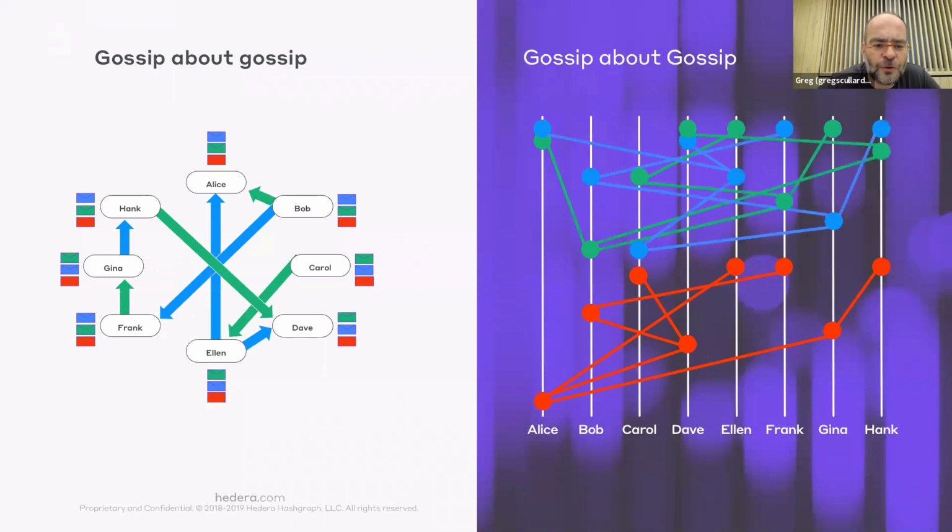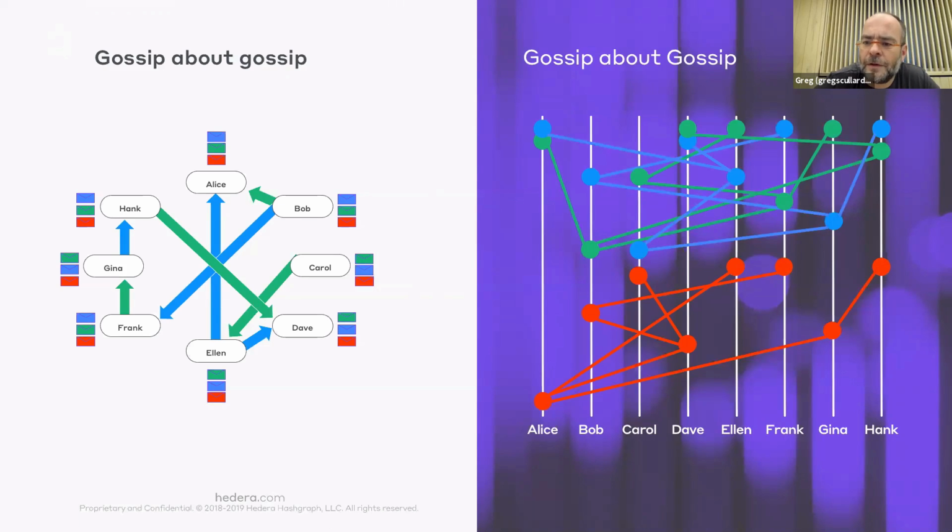Now, if you look at the detail of that slide on the left-hand side, you can see that the envelopes have different colors, but they've also arrived at the various nodes, Alice, Bob, Carol, and so on and so forth, at different times. Obviously, the time they've arrived at those different nodes will depend on when they were communicated to them.